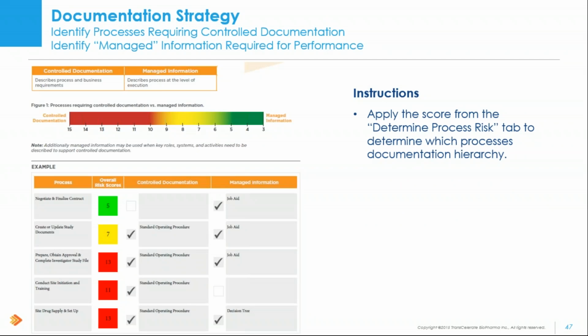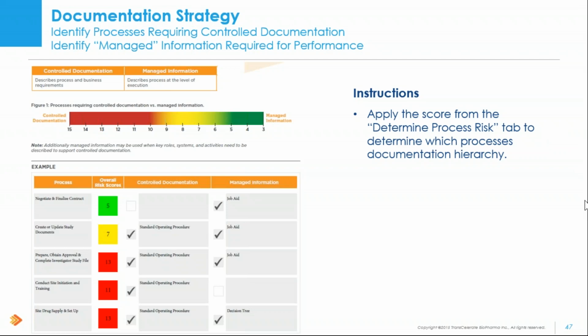Thank you. Step 4 is documentation strategy. In this step, the processes that require controlled documentation, which describes the process and business requirements, versus managed information, which is processes described at the level of execution, are determined based on the process risk score.